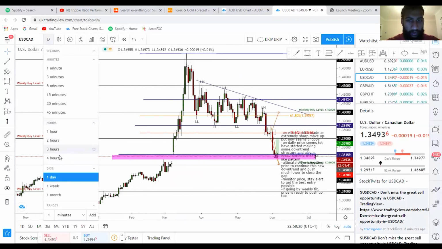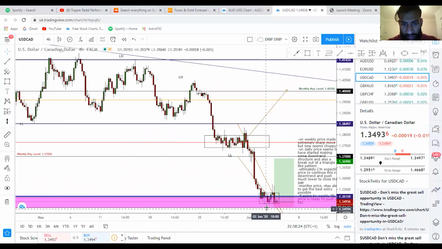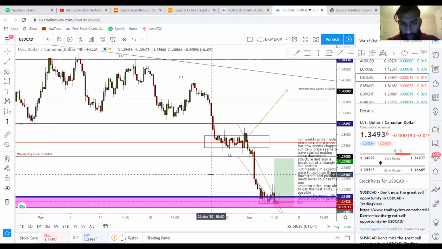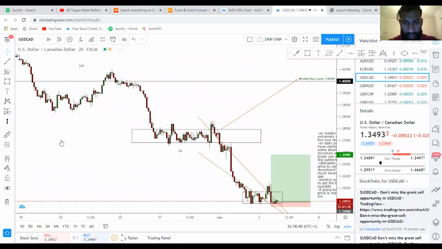If we go further in towards 4 hour, we can see there is a lot of consolidation going on over here, right? Initially, I could see that price was really struggling to penetrate past this level. It's just coming to tap it more or less, really struggling to push any further past it.